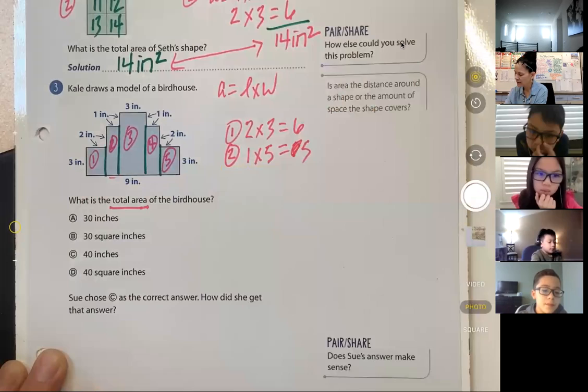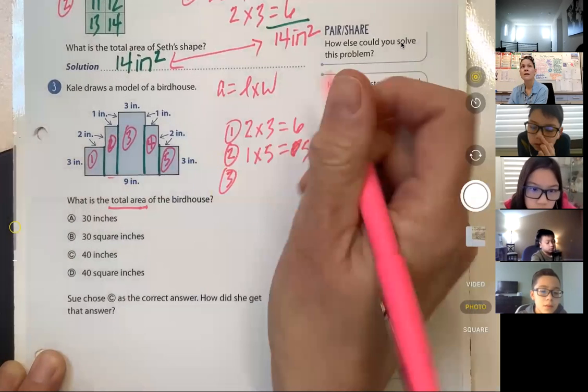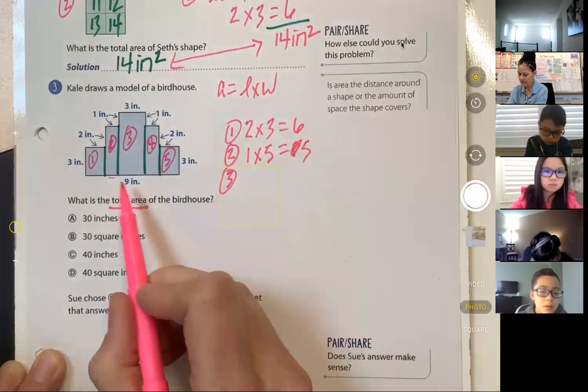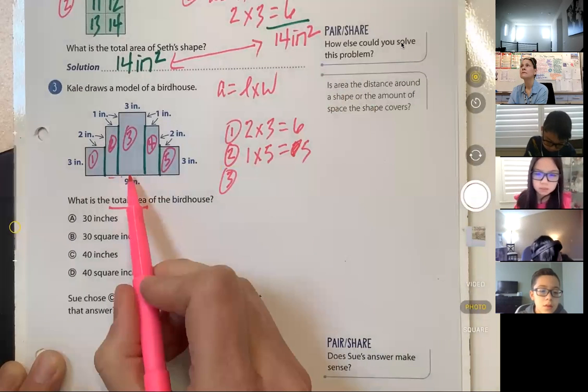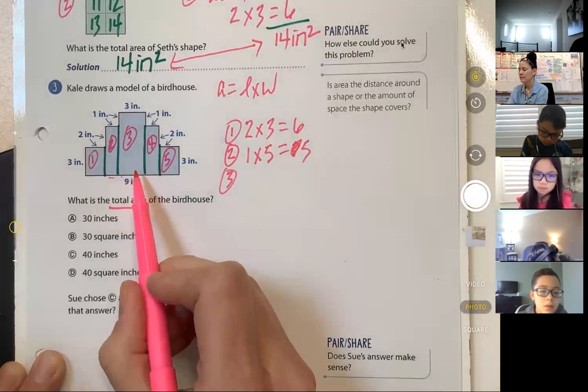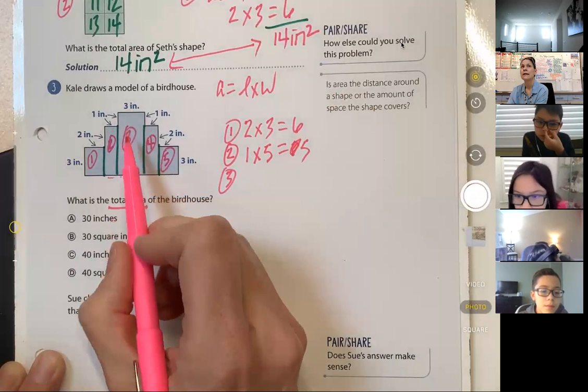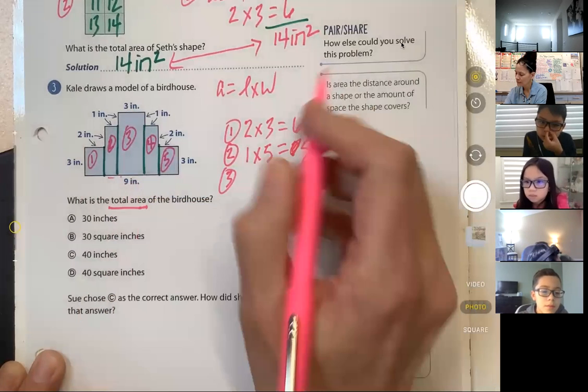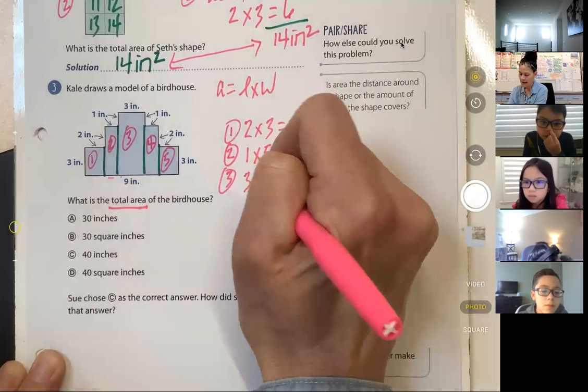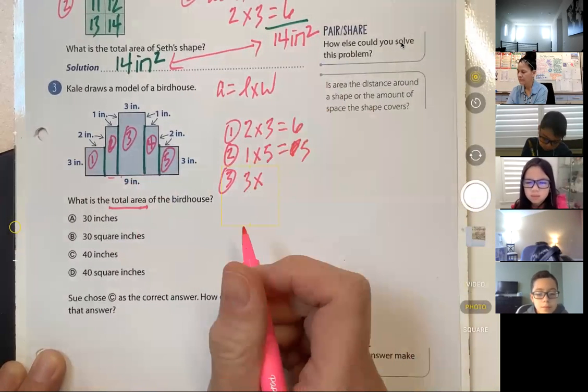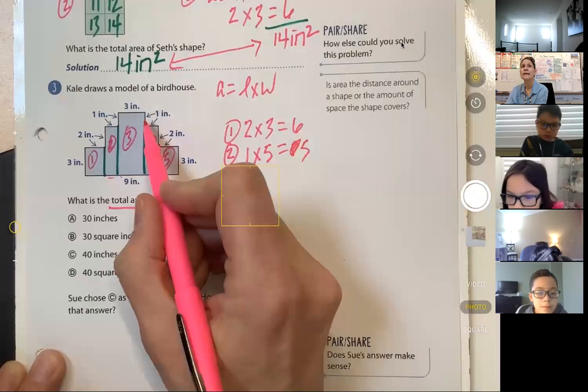Let's go down to number 3 now. Number 3 has a length of 3. How do I know that? Because it tells me. Length of 3. And what is my width? It is 6.